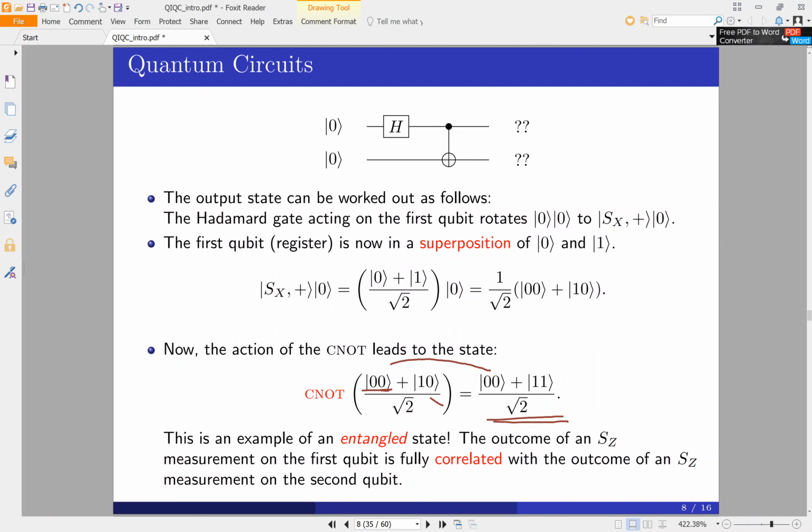Another way to think about this is that this is now a superposition only of 0, 0 and 1, 1. There are two other basis states here, the 1, 0 and the 0, 1, and they do not figure in the superposition. If I had all those states, then it wouldn't be an entangled state, but I have only the correlated states 0, 0 and 1, 1.